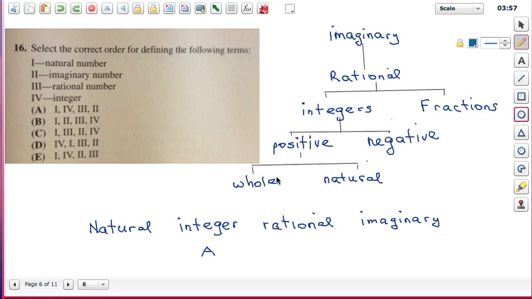The positive integers are broken down into whole number and natural number. So first you want to define the natural number. Then the second one would be the integer. And then you want to decide whether it's a rational number. And then the imaginary number. So the order would be A: natural, integer, rational, imaginary.